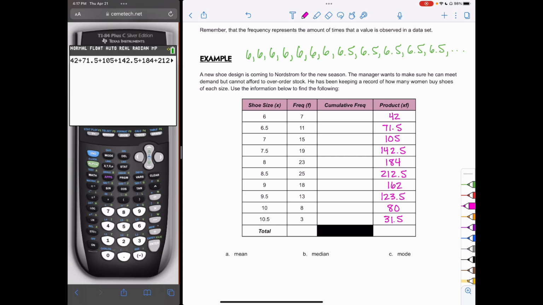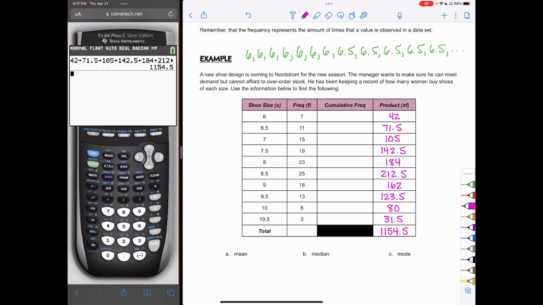I'm going to add all of those up, and I end up getting that the sum of these values is 1,154.5.